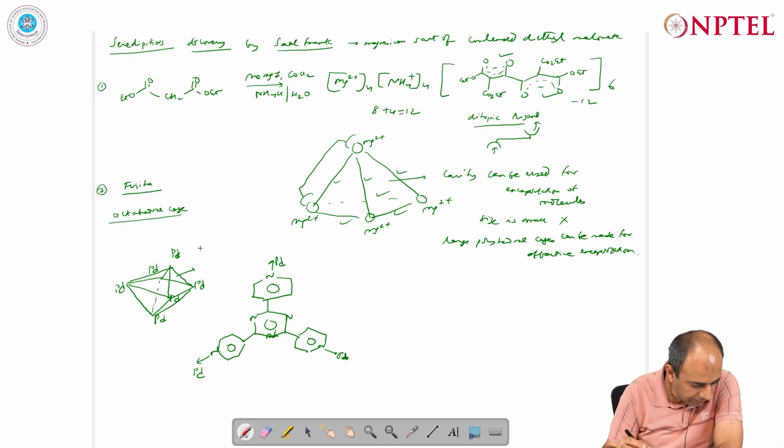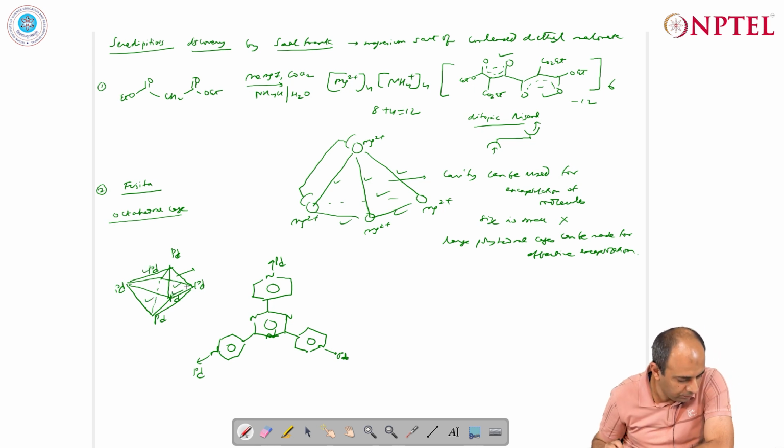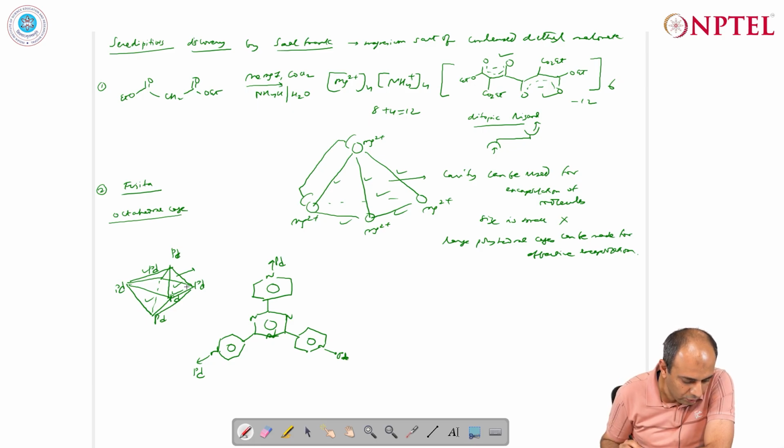So we have got these 1, 2, 3 and 4. We have got these 4 ligands which are palladium 2 here.